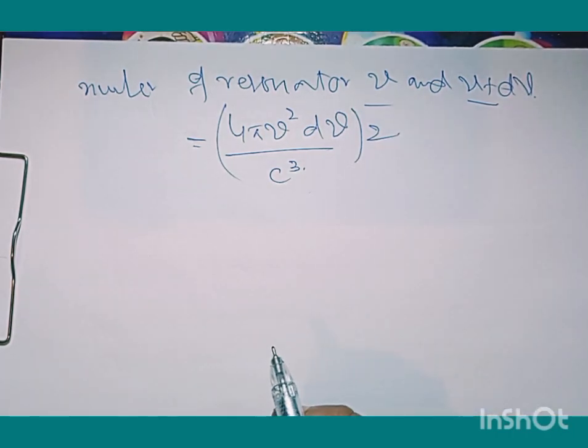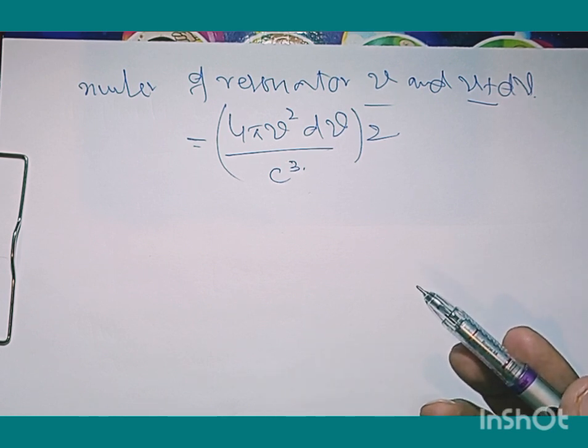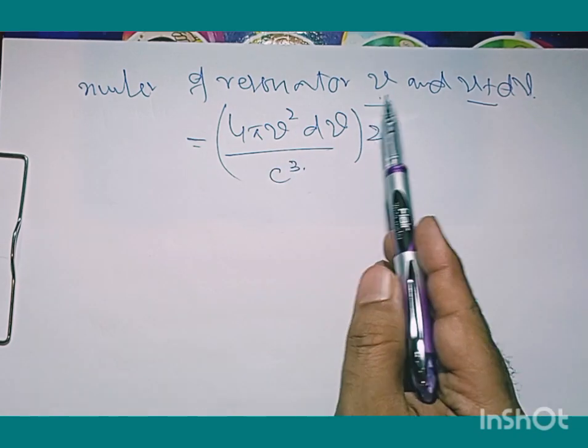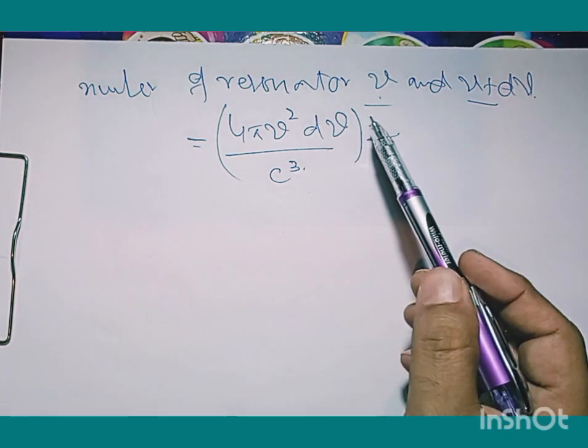So for black body radiations or electromagnetic waves, the number of modes of vibration per unit volume within this frequency range is 2 times the number of resonators that we have.